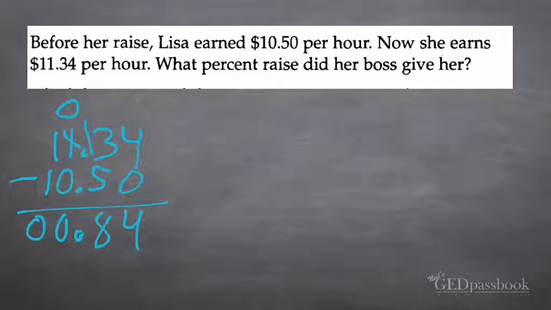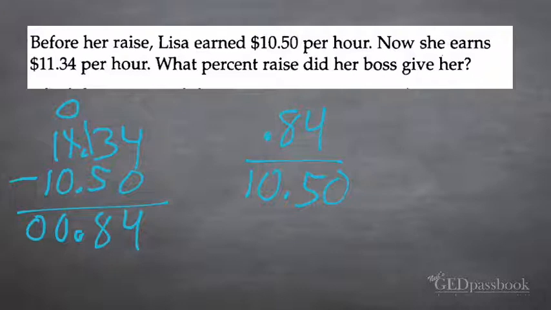So, shout out the next step. What am I supposed to do next? Yes. You get that number that you just found, 0.84, and you divide it by the original number, which in this case is, yes, $10.50, right? 10.5.